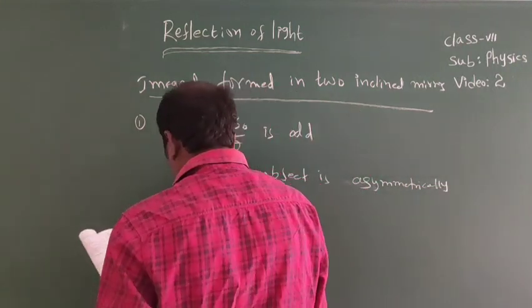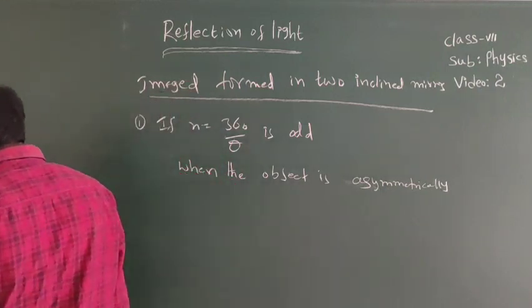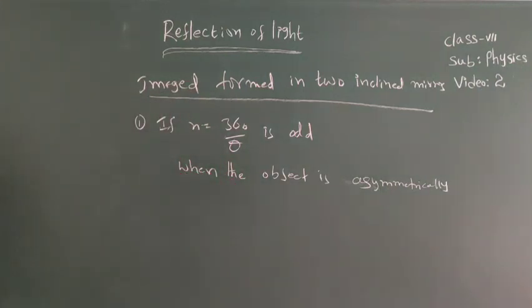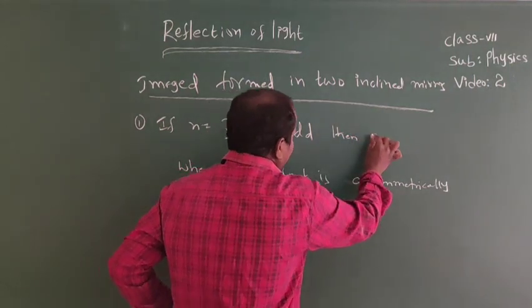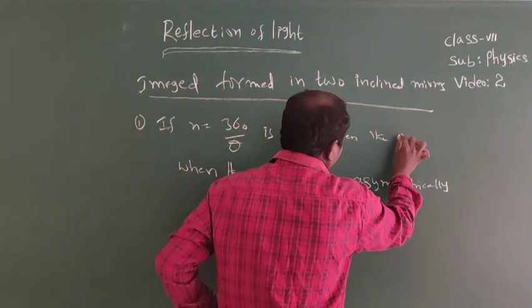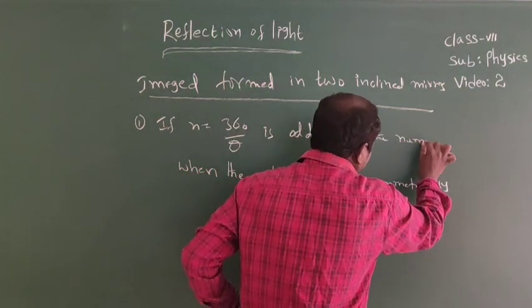If n equals 360 by theta is odd, the number of images is n.